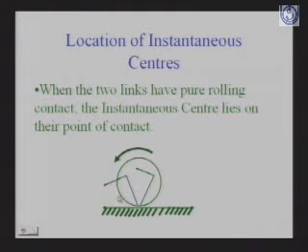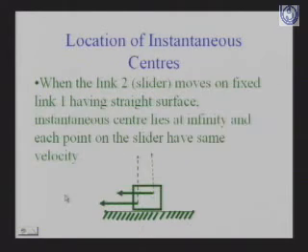If the two links have pure rolling motion about the fixed link, then the instantaneous center will lie at the point of contact. Here it is link 1 and link 2, so links 1 and 2 have point contact at this point, and this point of contact has the instantaneous center I12.